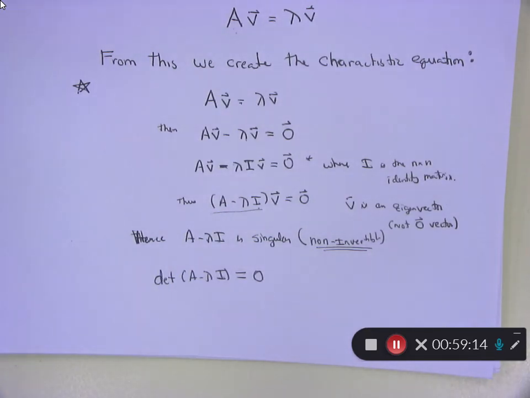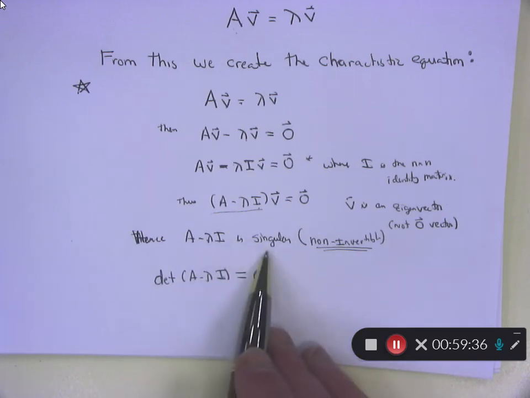The determinant of a non-invertible matrix is 0. And if you've got a square matrix and you need to check whether it's invertible or not, you take its determinant. If the determinant of that square matrix is not 0, it's invertible, called non-singular.